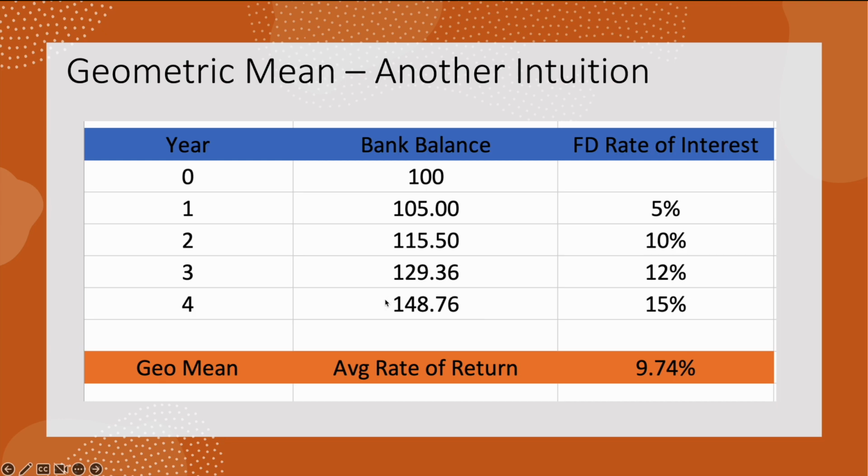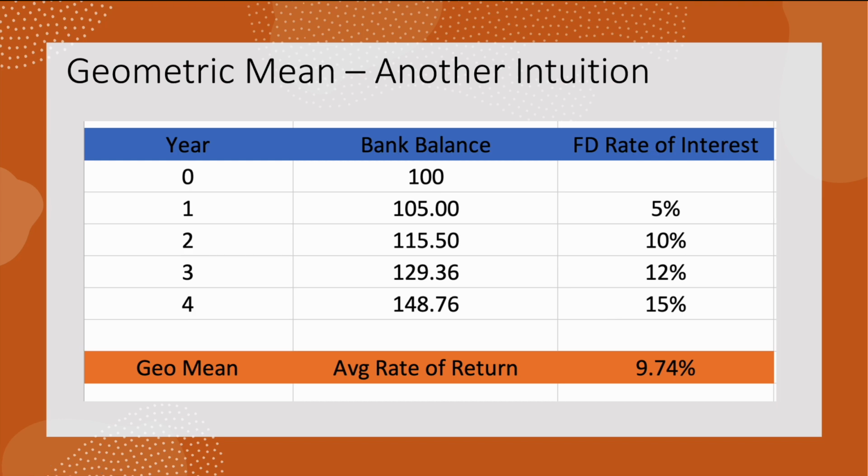Just to reiterate the question: what is my average rate of return over a period of 4 years? Or what should the bank give instead of this variable rate of interest? If it were a fixed rate of interest, what would that rate have been?